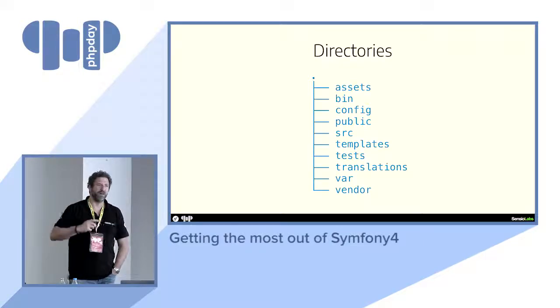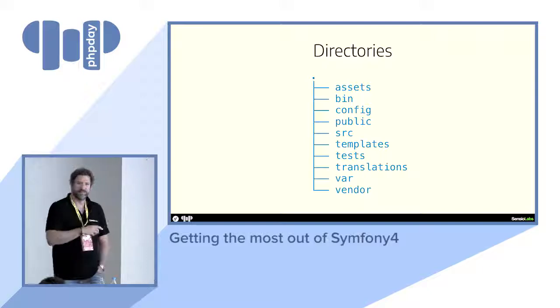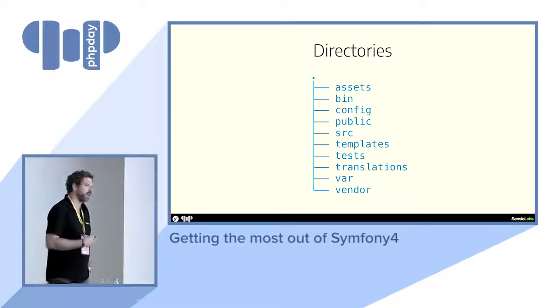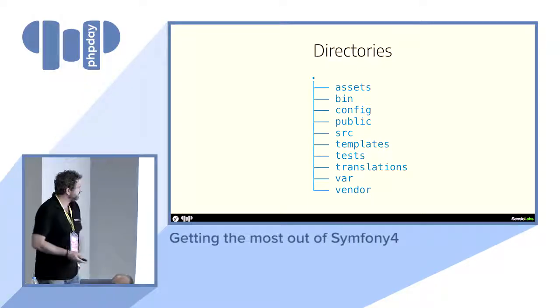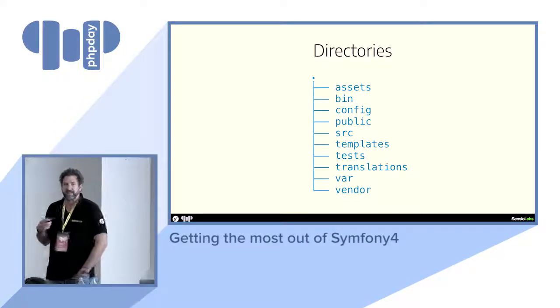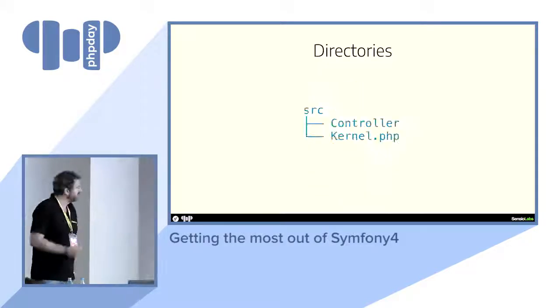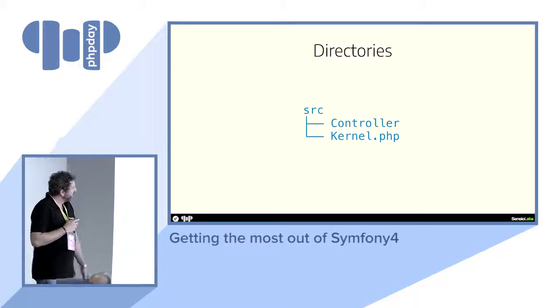Now I've left out looking into the source directory. I've left that for last, because in my experience, when I talk to clients teaching Symfony 4, this is, for some reason, the biggest wow, because something is missing.